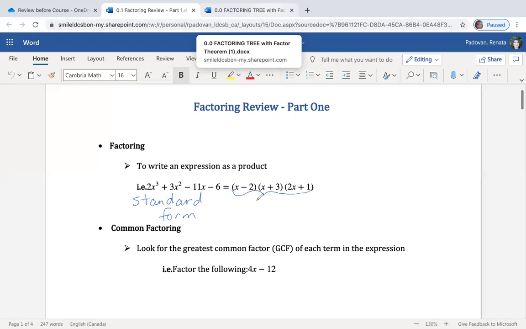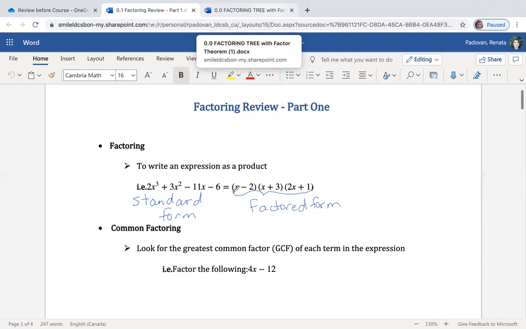So factored form has brackets. If you want to get something into factored form, it means that your final answer would have brackets. If you want to have something in standard form, it means that your final answer wouldn't have any brackets.